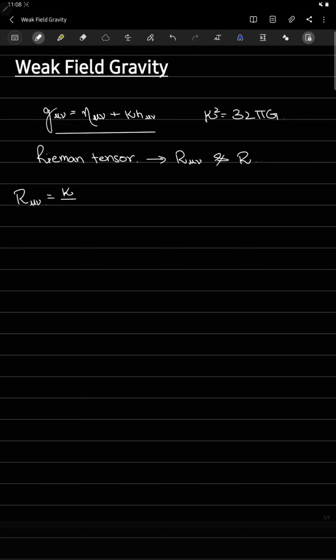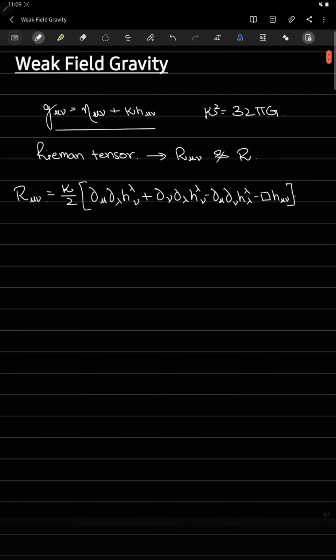or it comes out to be kappa over 2 times partial mu partial lambda h lambda nu plus partial nu partial lambda h lambda mu minus partial mu partial nu h lambda lambda, which is the trace of the field h, minus the D'Alembertian operator, this box operator, on h mu nu. And of course we have higher order terms, up to h squared, second order terms.